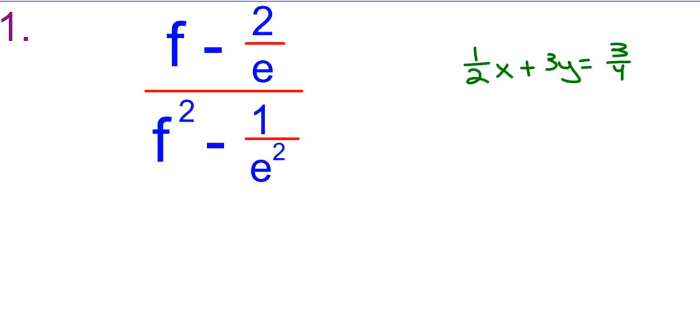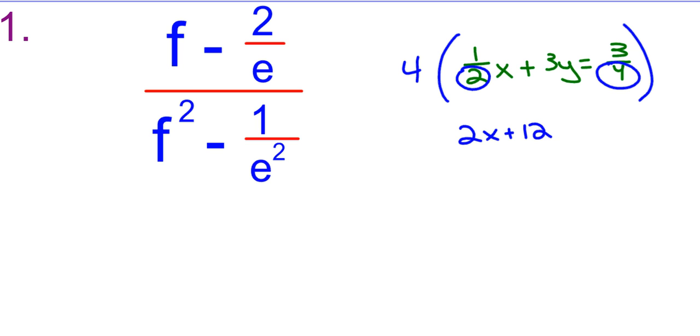So we would multiply this whole equation by a certain number, and that will get rid of all of our denominators, and then we will have just integers. The common denominator between 2 and 4 is 4. So we multiply this equation by 4, and we get 2x plus 12y equals 3. By doing that, we eliminated those denominators, and we had our answer in standard form.